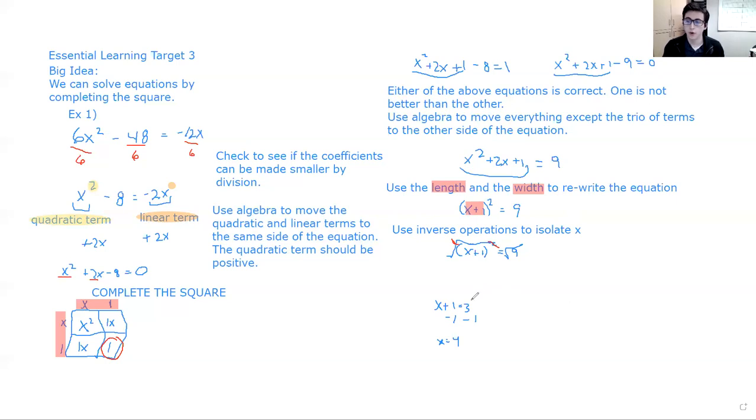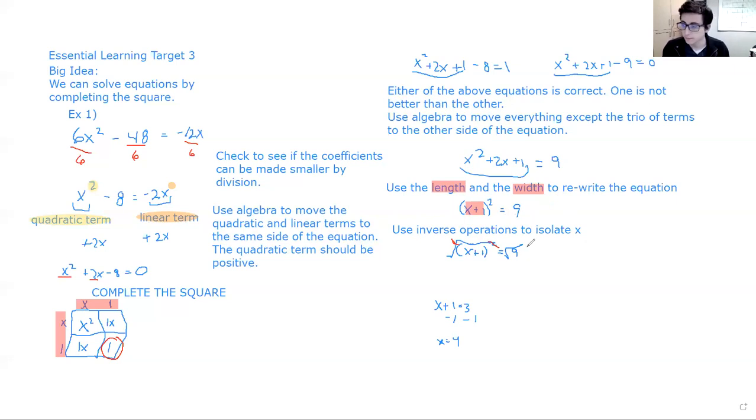So what happened? As soon as you cancel out this exponent of 2, you're eliminating one of the solutions. Even when you look here, this technically still has 2 solutions. But as soon as you get rid of this square, it goes down to 1 solution.